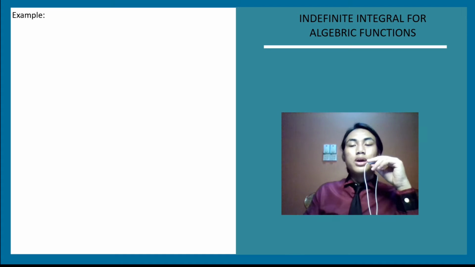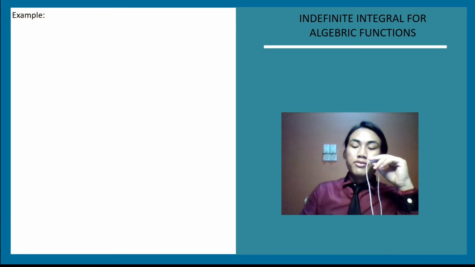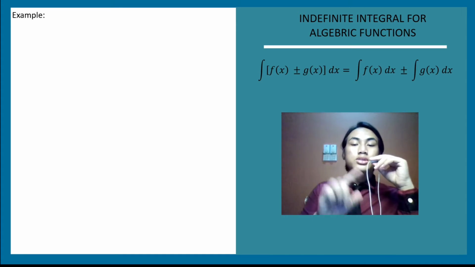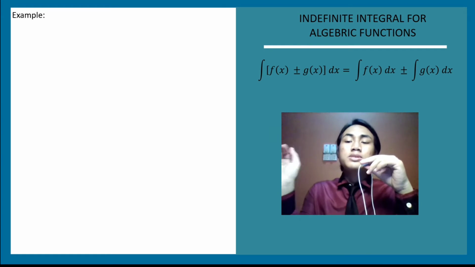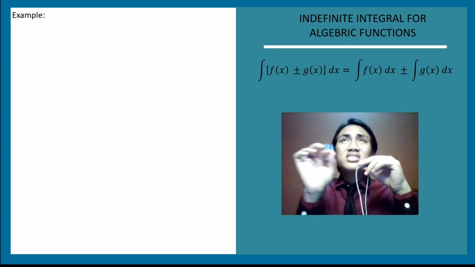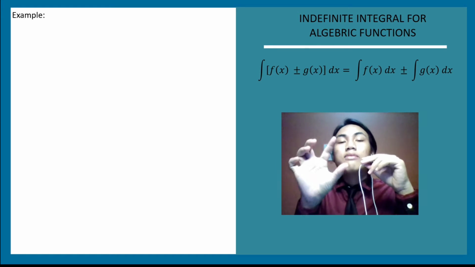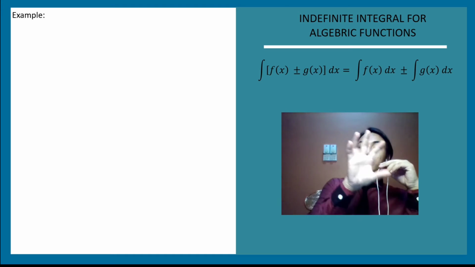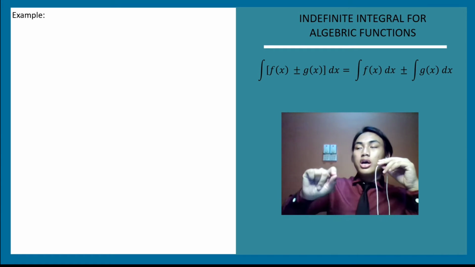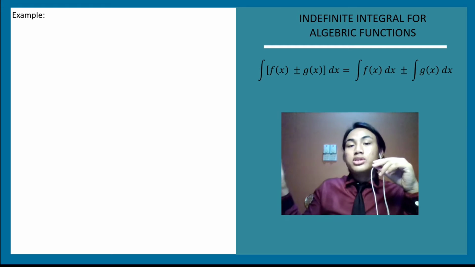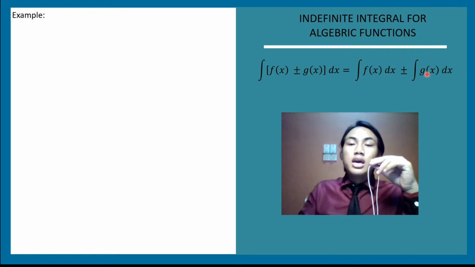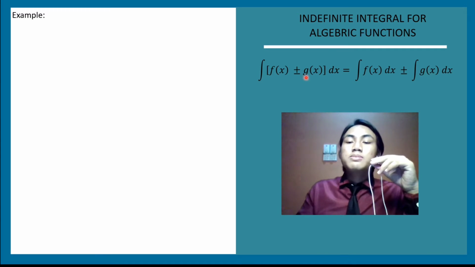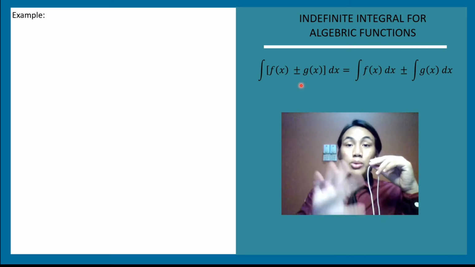The formula for plus or minus is just a separation of the integration: we separate the combined function into separate functions, integrating f(s) ds and g(s) ds separately. Plus or minus depends on what sign is used in the equation overall.